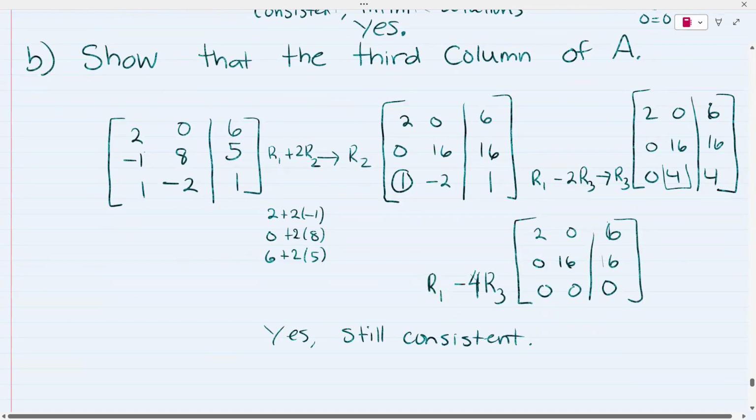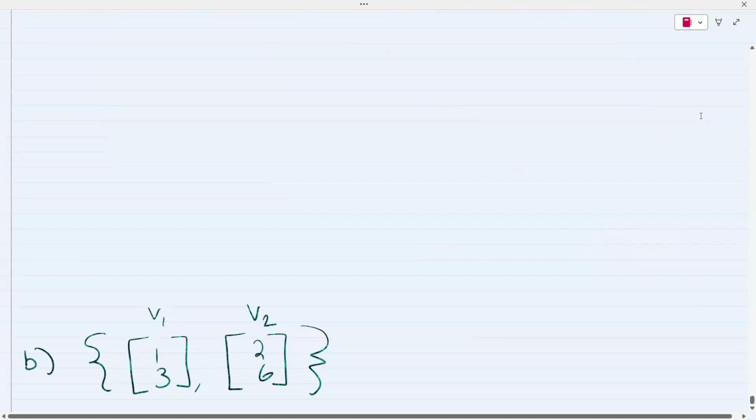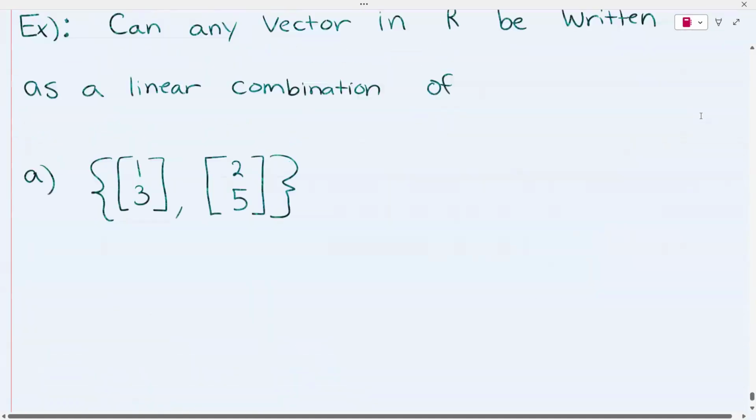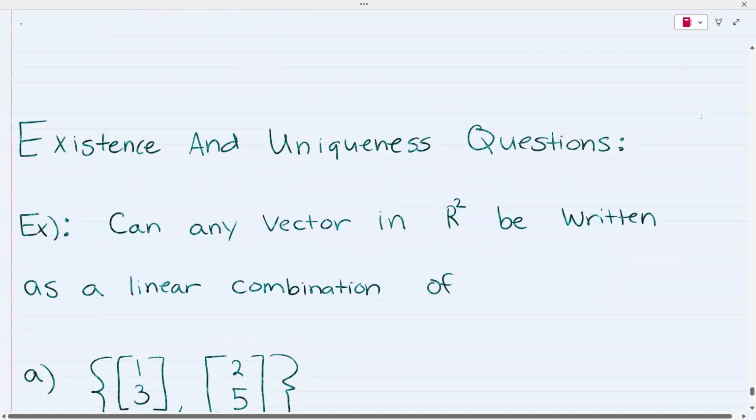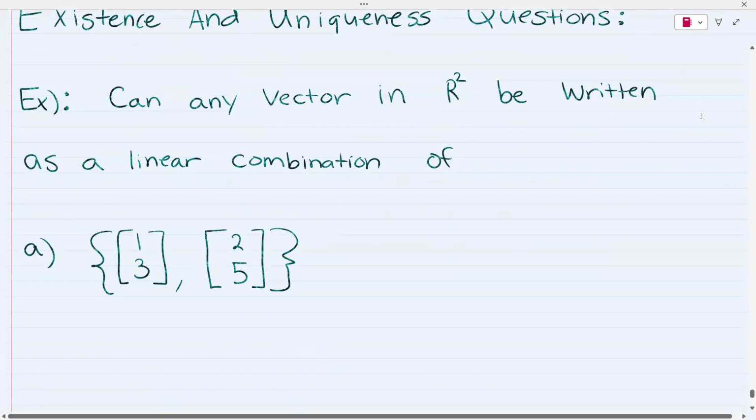Okay, let's talk about more existence and uniqueness questions. On this example, can any vector in R2 be written as a linear combination of the vectors 1, 3 and 2, 5?